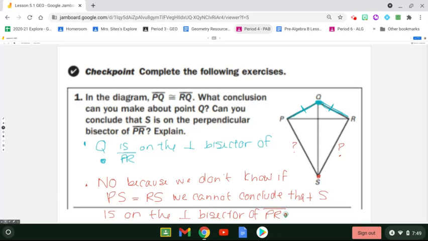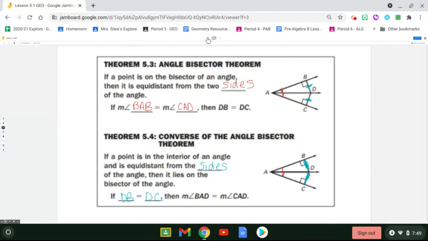Okay, so again, there were two main important concepts from today's lesson. One was the angle bisector theorem, which said if you have a point that's on the bisector of the angle, it's equidistant from the two sides of the angle. So if you know the two angles are congruent, then you can say that the two sides from that point are equidistant.